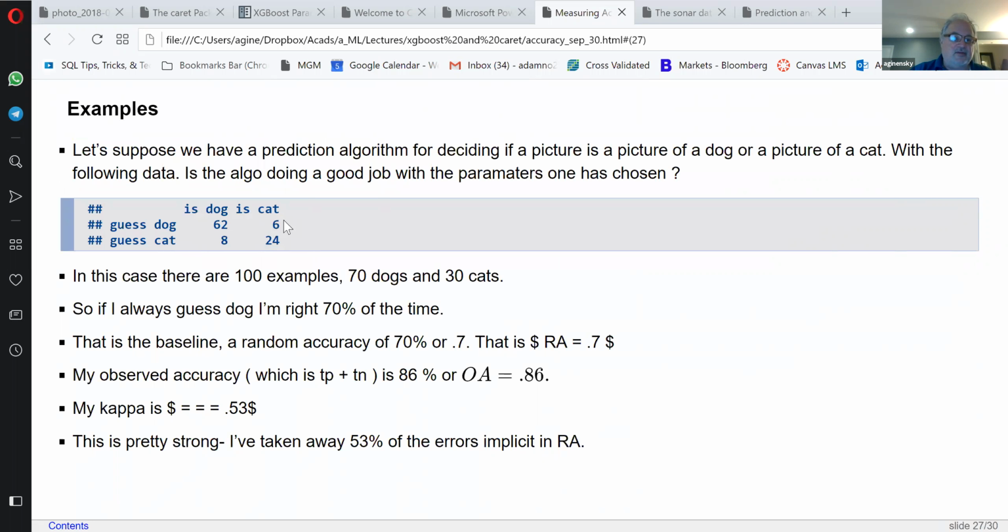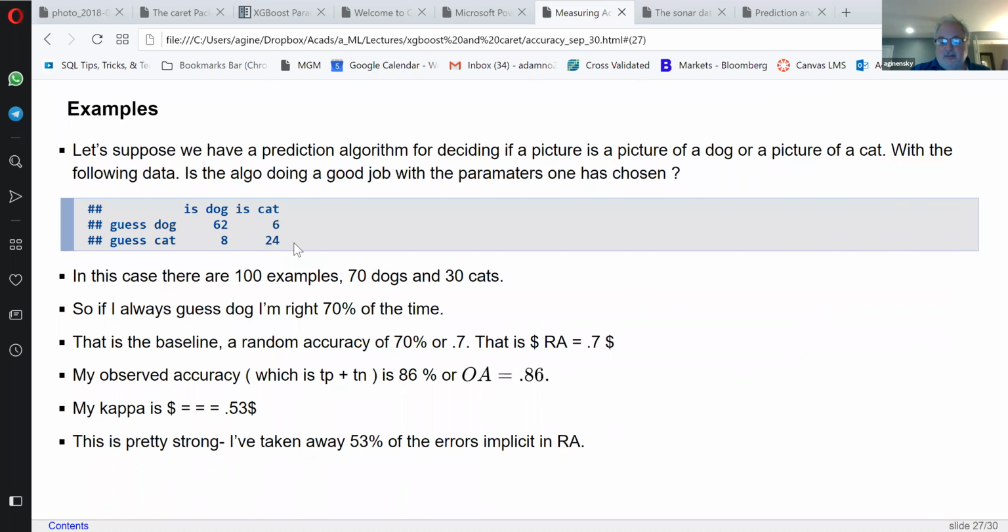So the majority class is always dogs, so random accuracy is 70%. You can check very simply because I made the numbers nice that you're right 86 times, so you're right 86% of the time. So your kappa turns out to be 0.53. You've improved slightly over half, right? 0.3 is the maximum you could improve, and you've improved 0.16. So you've taken away something like 53% of the errors that you make if you guess randomly.